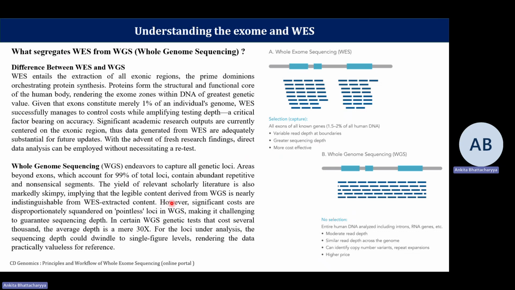So most of the time, changes that you will see within the exonic region or within the coding regions of the genome are actually what will have a lot more impact on the disease onset in comparison to any change which occurs within these intergenic regions or intronic sites or non-coding sites within the genome.